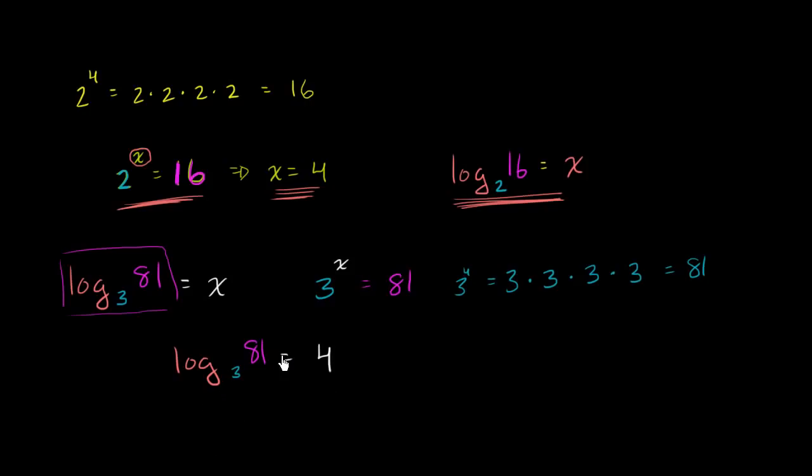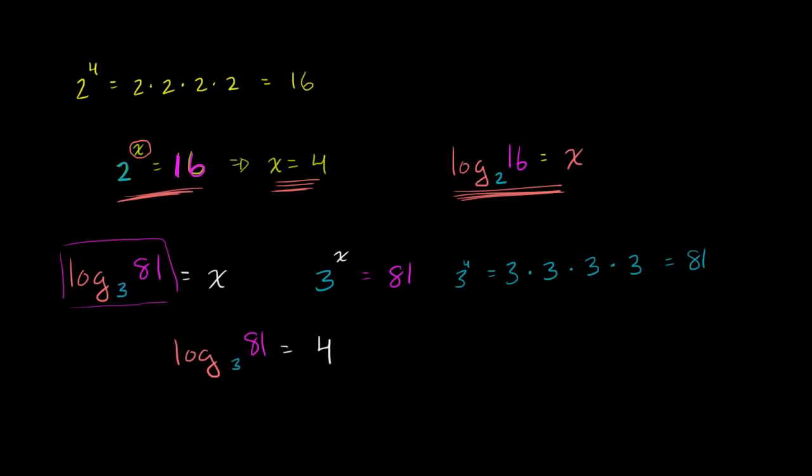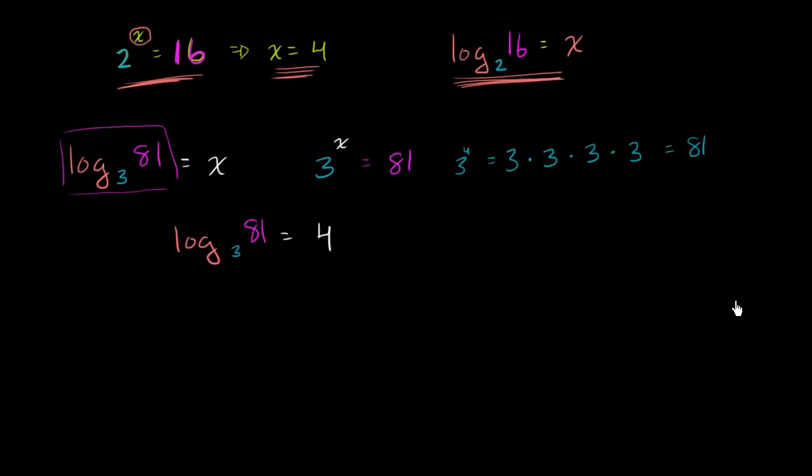Let's do several more of these examples, and I really encourage you to give a shot on your own, and you'll hopefully get the hang of it. So let's try a little larger number. Let's say we want to take log base 6 of 216. What will this evaluate to? Well, we're asking ourselves, what power do we have to raise 6 to get to 216? 6 to the 1st power is 6. 6 to the 2nd power is 36. 36 times 6 is 216.